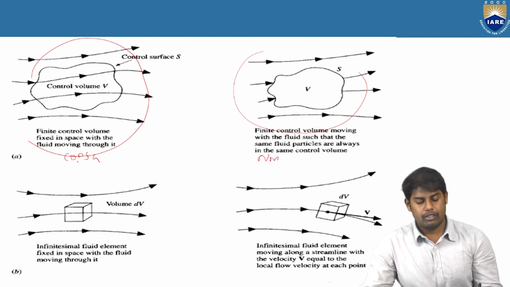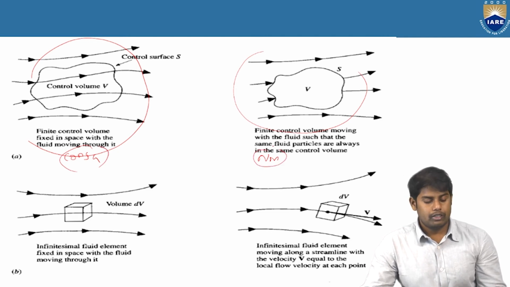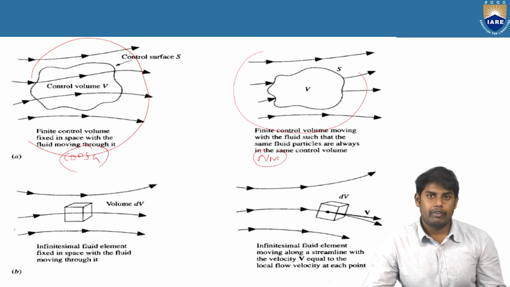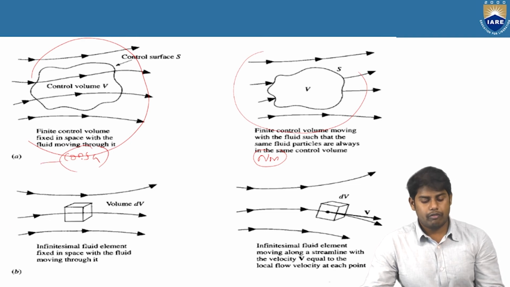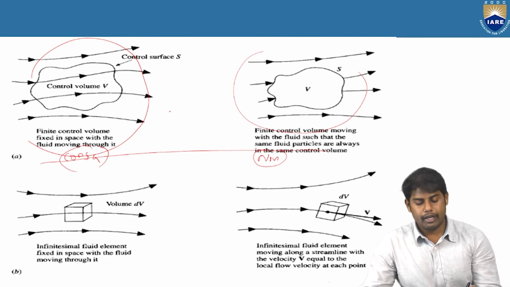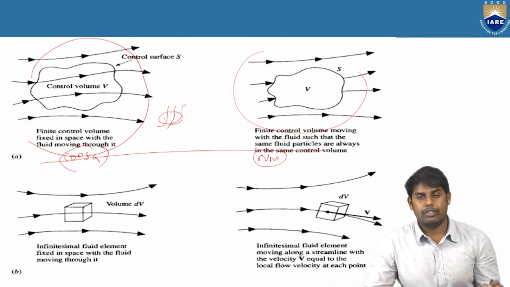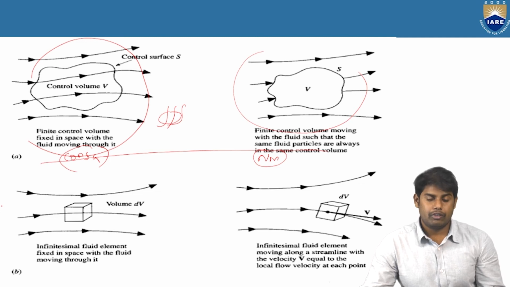When the equations are derived for a control volume fixed in space, you get the conservative form, and when we derive them for a control volume moving with the flow, you get the non-conservative form. This is one approach, and here you will get the integral form of equations, because we need to integrate over the entire control volume.